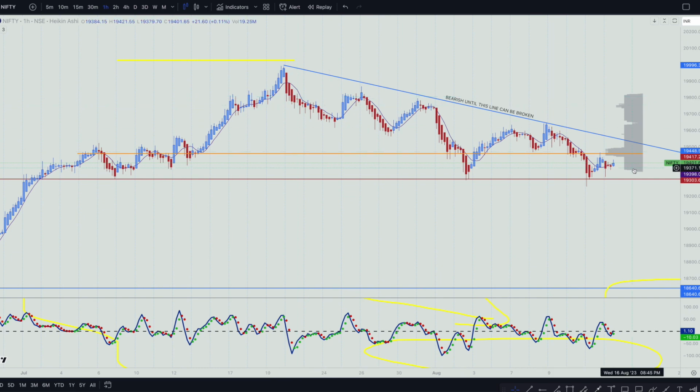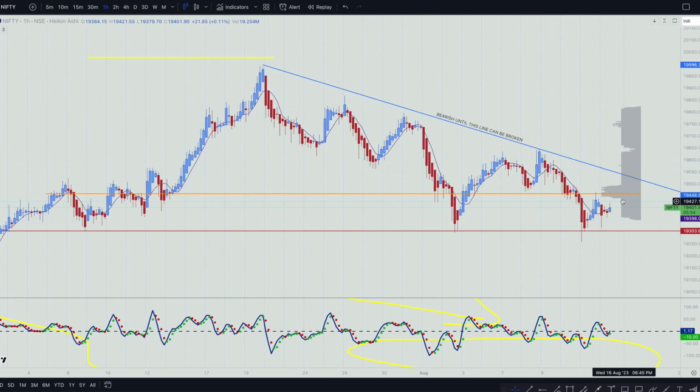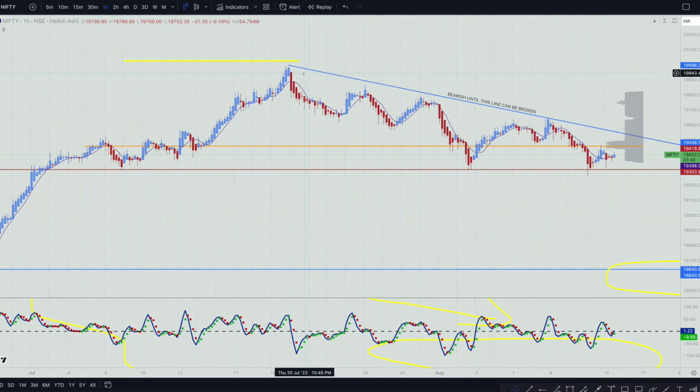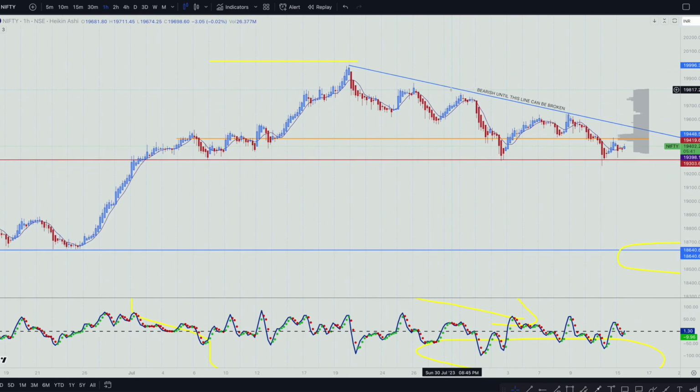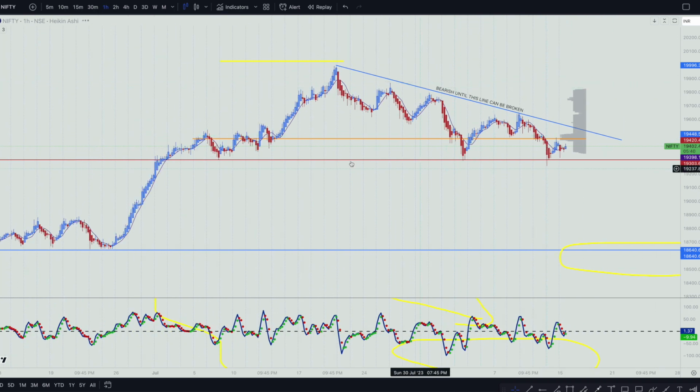So downtrend is intact. Volume profile is showing the point of control down here in the 19,450 range. Got a very simple trend line moving down, and I would say I would remain bearish until that is broken, or finding a little bit of support right along this line here of 19,300, going back all the way into the beginnings of July.